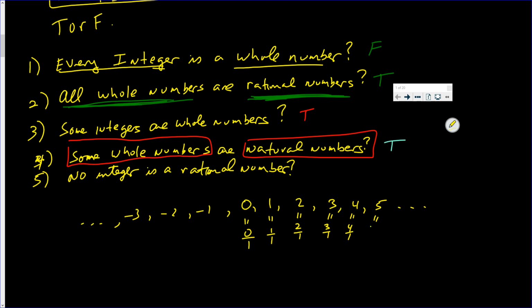I can say that 5 is 10 over 2. I can say that 6 is 18 divided by 3. Or I can say it's 5 over 1 and 6 over 1.